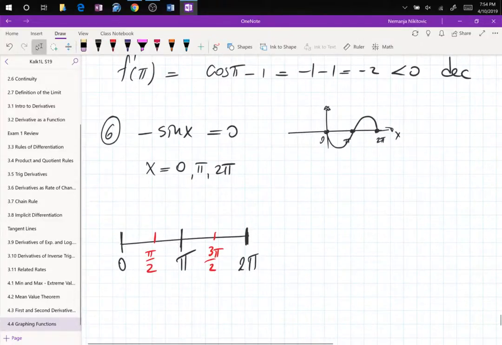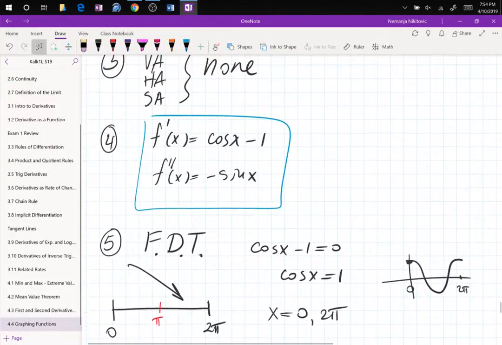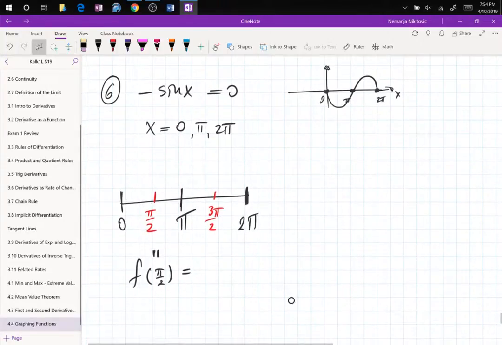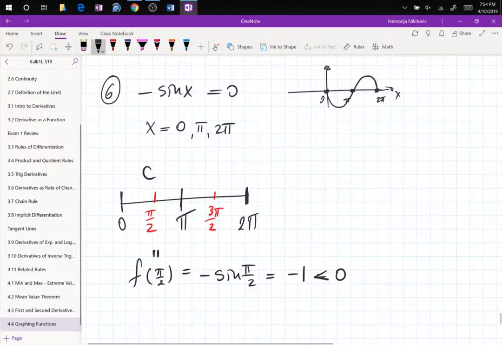All I need to do is to compute pi over 2 in the second derivative. Now where's my second derivative? It's negative sine x. So negative sine of pi over 2. Sine of pi over 2 is 1, so this is negative 1, which is less than 0, which means concave down.